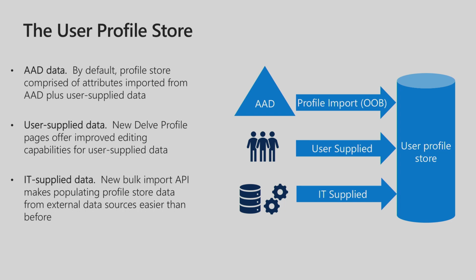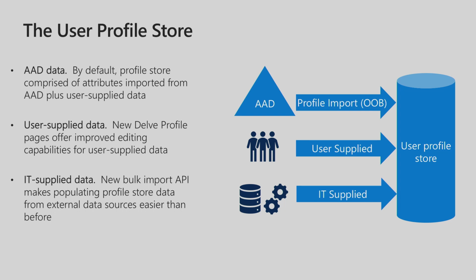So we take all that data from those data sources, and we upload it via the bulk import API. If you're not familiar with it, basically you're taking the data, putting it into a known schema, uploading it into a SharePoint content document library, and then you send a signal saying, hey, next timer job cycle, import this data. And it's a way to import hundreds of thousands of attributes in a fairly timely way.